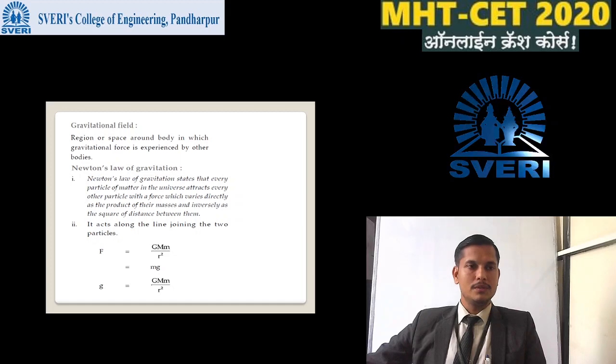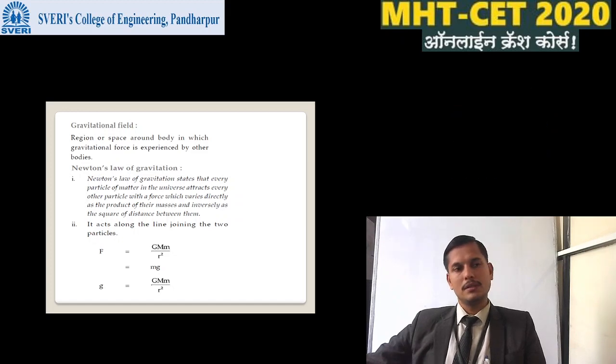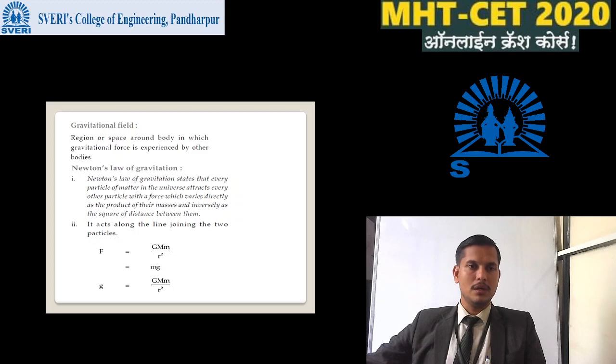What is meant by gravitational field? A region or space around a body. Whatever that gravitational field occupies, it is related to that region or space around that body in which gravitational force is experienced by other bodies.